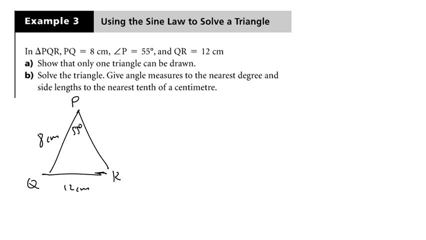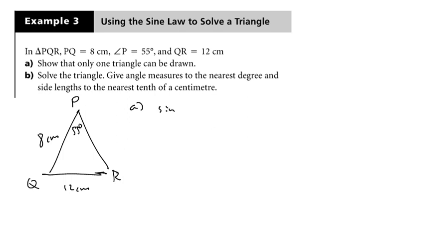The first thing they want us to do is show that only one triangle can be drawn. So what's going to happen here is that we're going to get two possible angles from solving our sine equation, and we're going to be able to throw one of them out. So part A, we're going to be looking for angle R to show that there's only one possibility there.